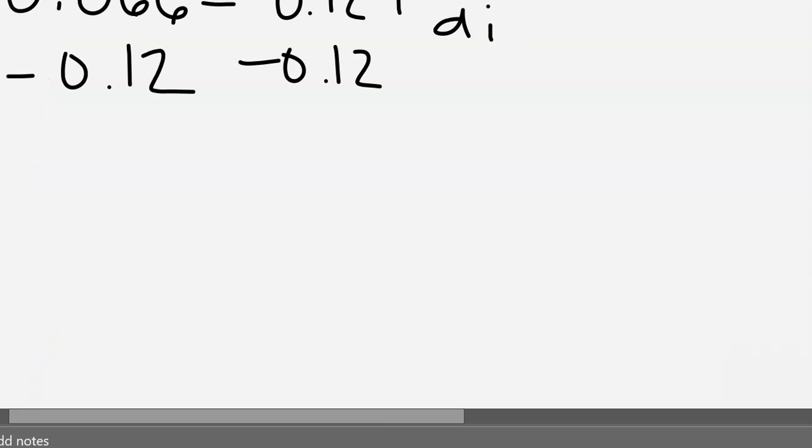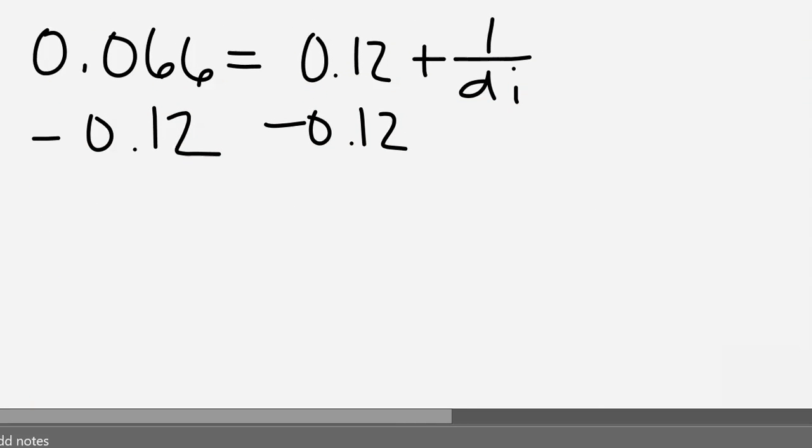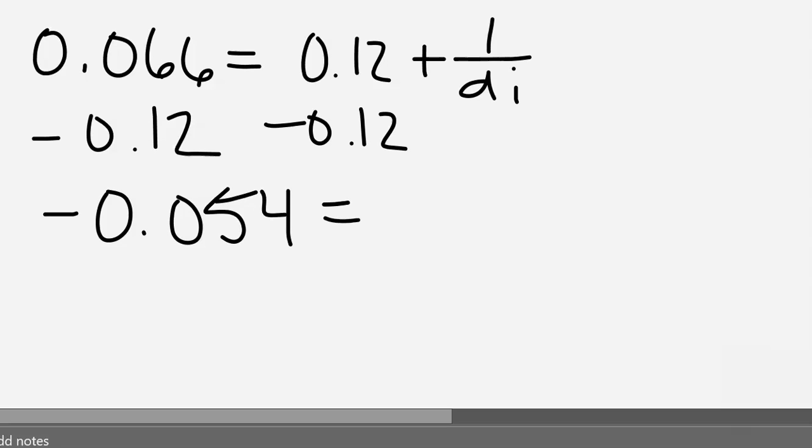So you're going to subtract both sides by 0.12. 0.066 minus 0.12 will be negative 0.054, equal to 1 over DI.